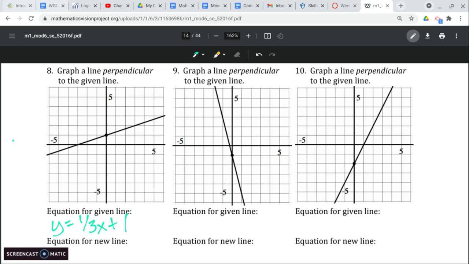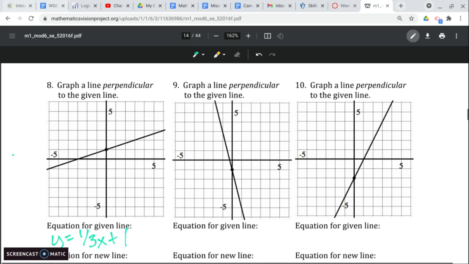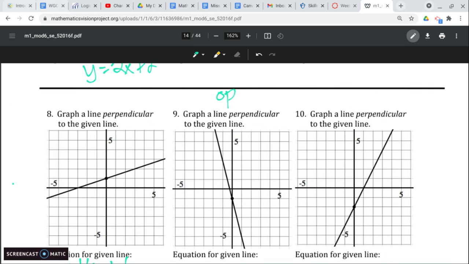Now, to make a line that is perpendicular, the key thing about it is the slope. Perpendicular lines have opposite reciprocal slopes.